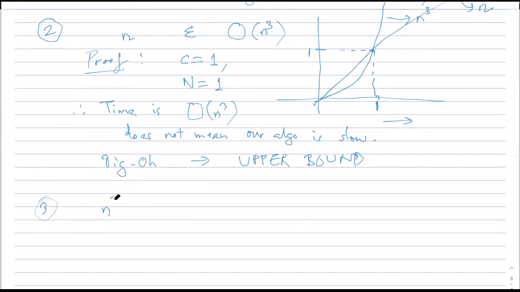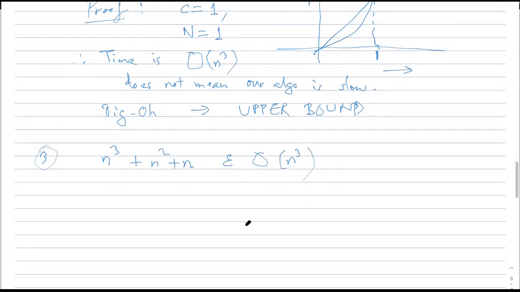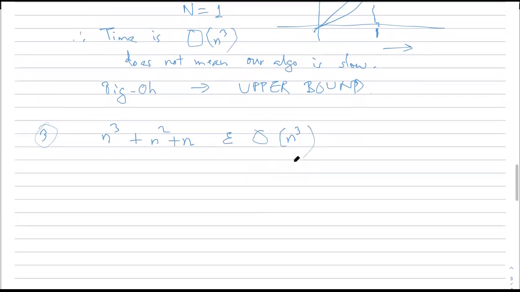So when you take this n cube plus n square plus n, you go for the highest order polynomial and you will get big O of n cube. And here the proof is again very simple, where you set c is equal to 3 (1, 1, 1, so 3) and then capital N is equal to 1.